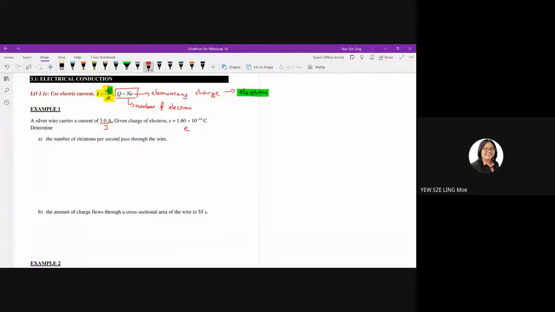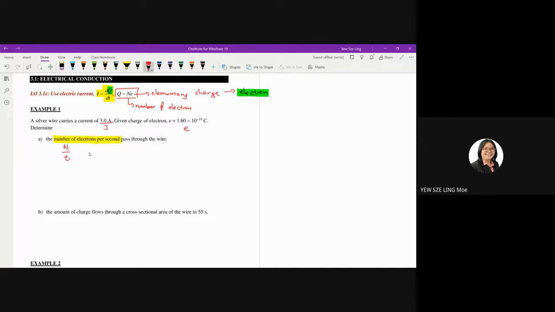Determine the number of electrons per second. If you look at this question, it is asking for the number of electrons, but not just N, it is per second. So it is actually asking for N over t, the number of electrons per second.